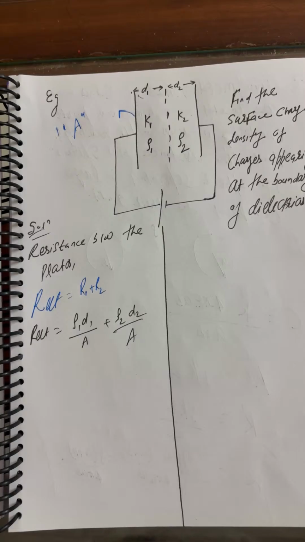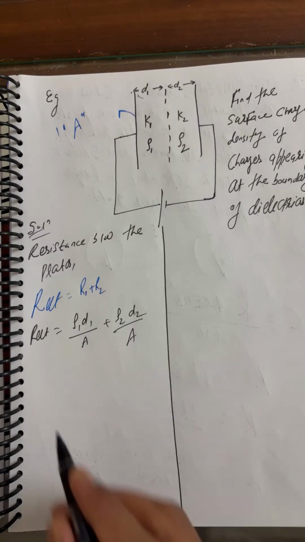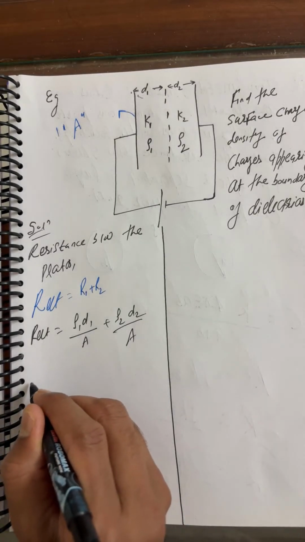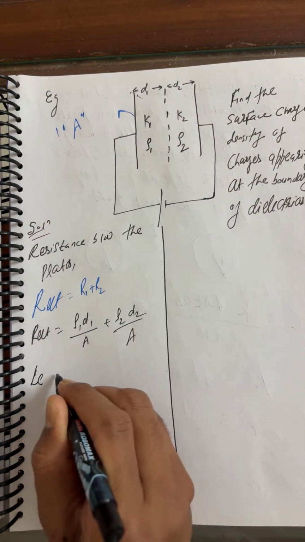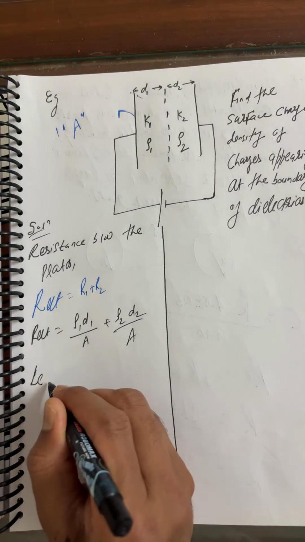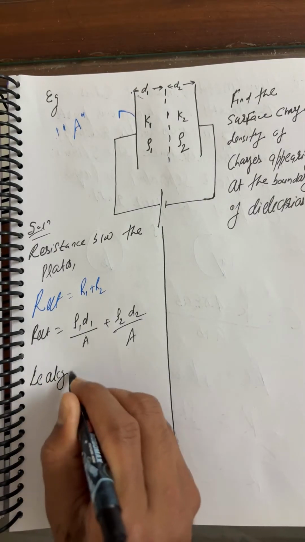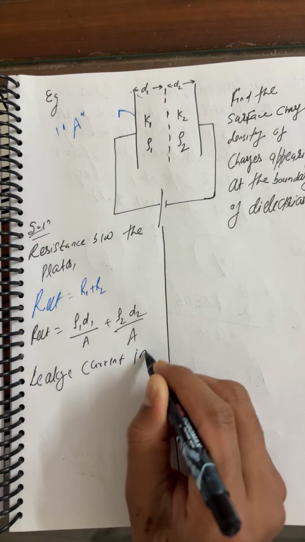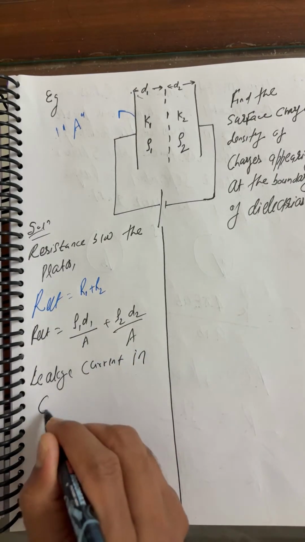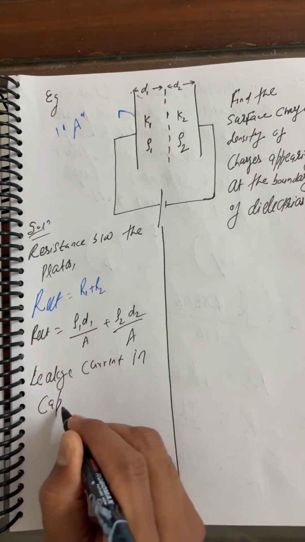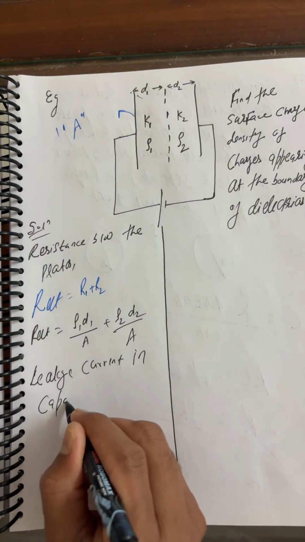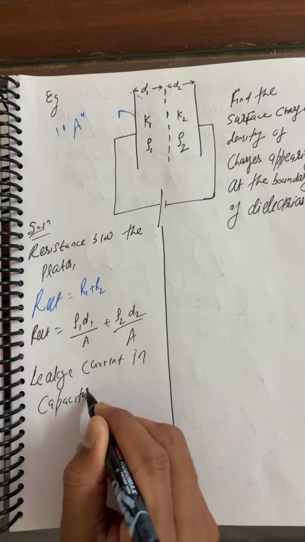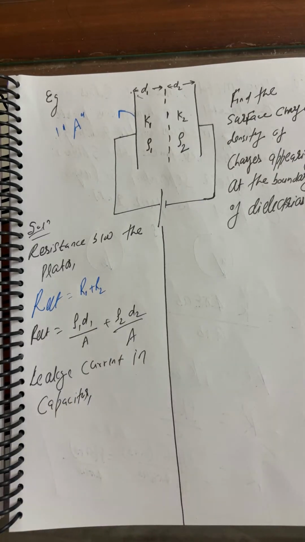So I, what you can see, is V upon R. Leakage current in the capacitor here.